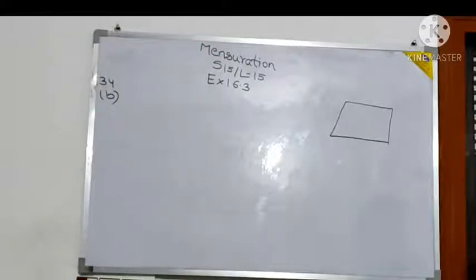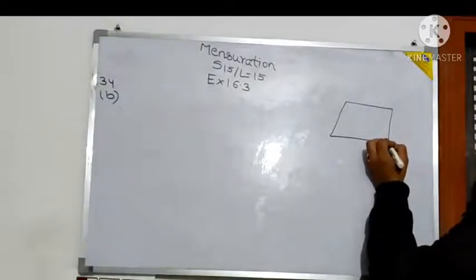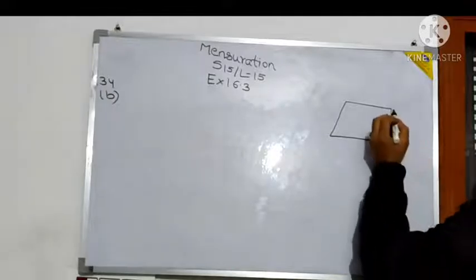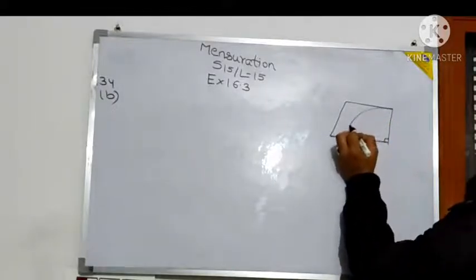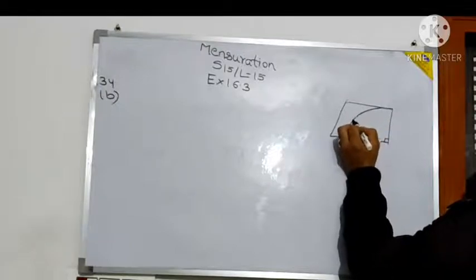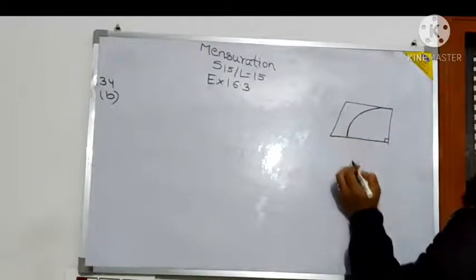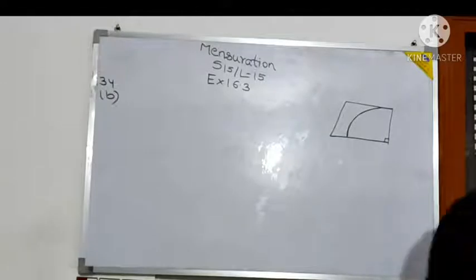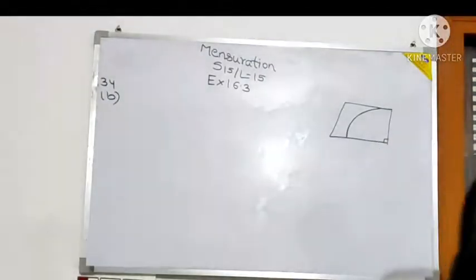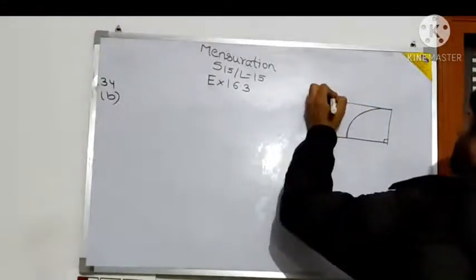Here this angle is 90 degrees, and we are having a quadrant like this. Let's draw it properly. It might not look in the figure like a quadrant, but it is actually a quadrant.